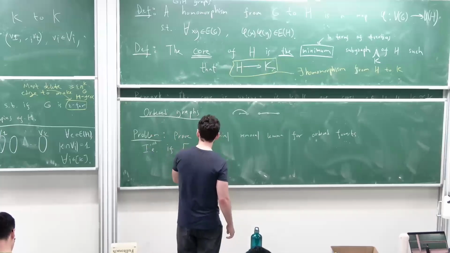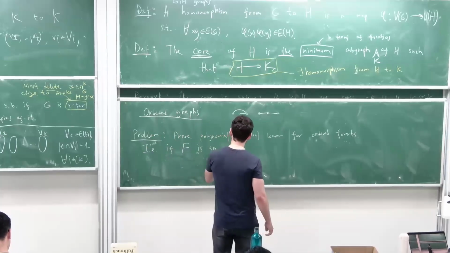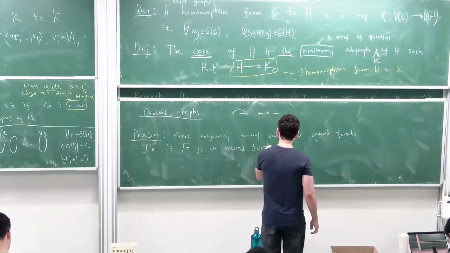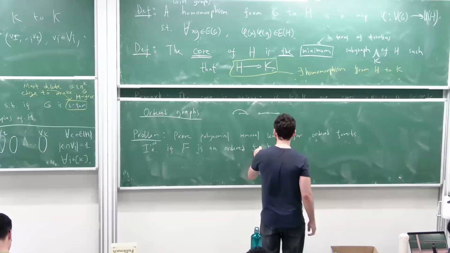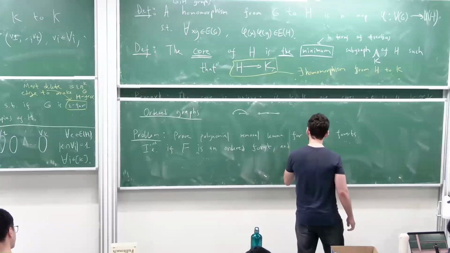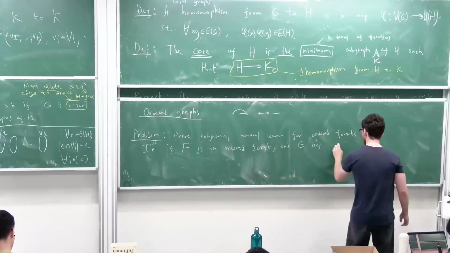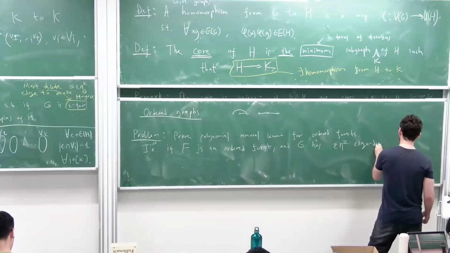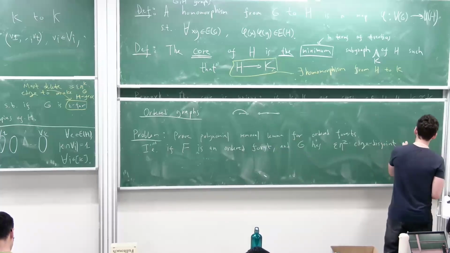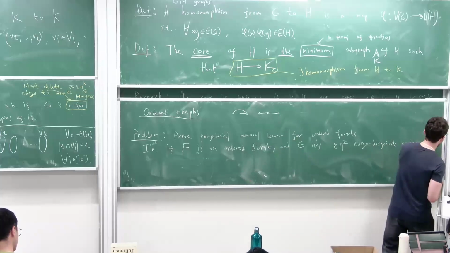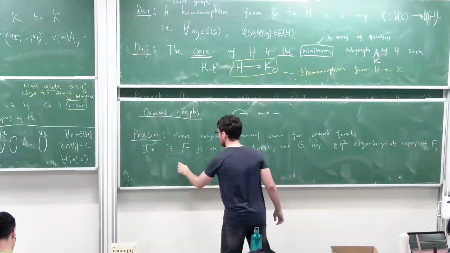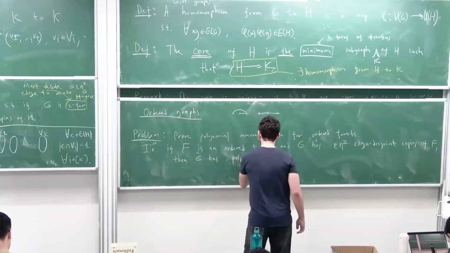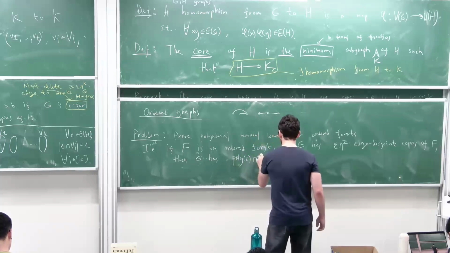If S is an ordered forest, so just a forest with some ordering, and G has epsilon n vertex-disjoint copies of S, then G has poly(epsilon) times n^v(S) copies of S.